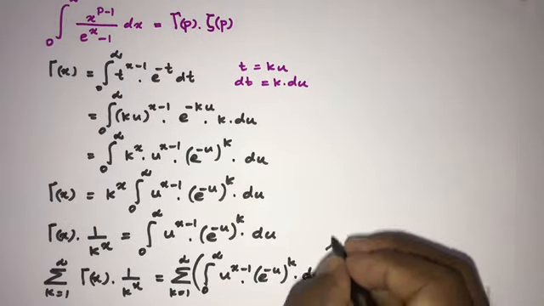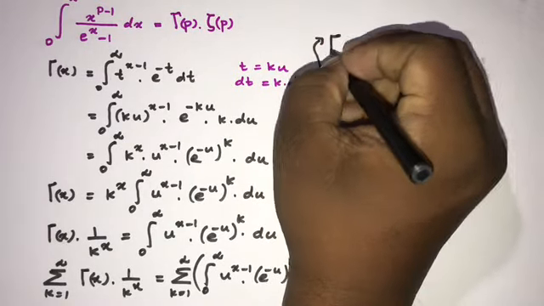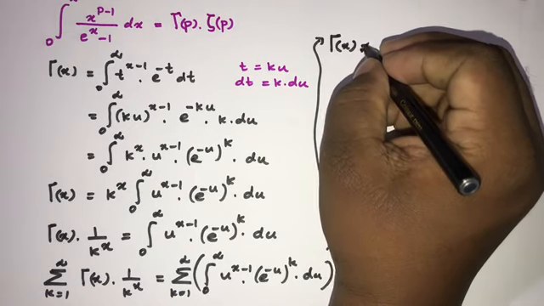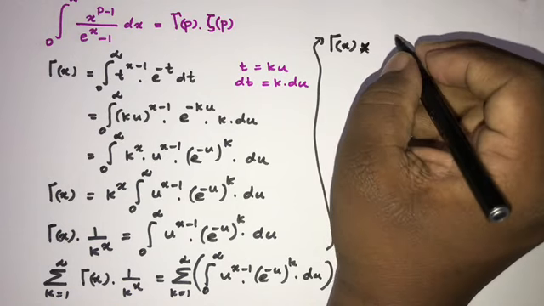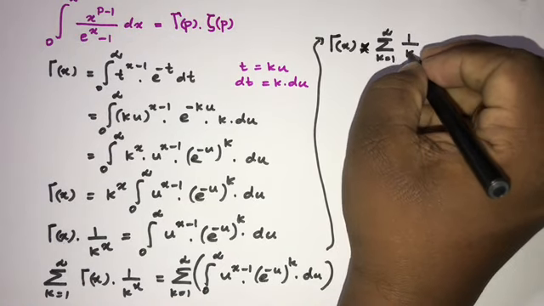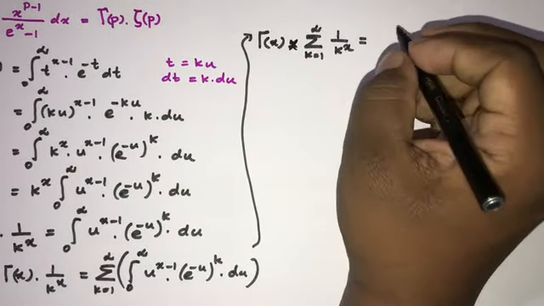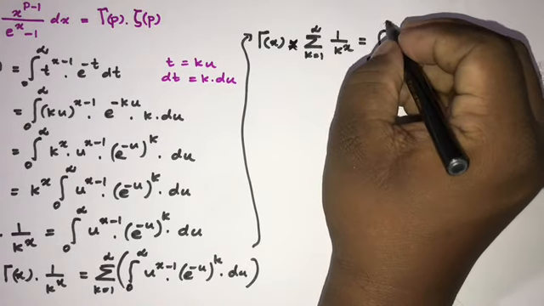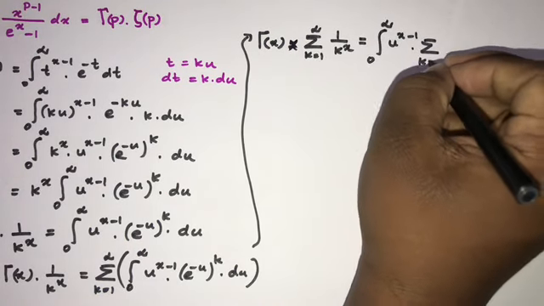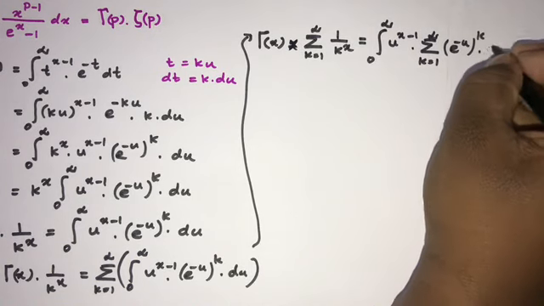Well, now we can write gamma of x times the sum for k equal 1 to infinity of 1 over k to the x is equal to the integral from 0 to infinity of u to the x minus 1 times the infinite sum for k equal 1 to infinity of e to the minus u to the k power du.